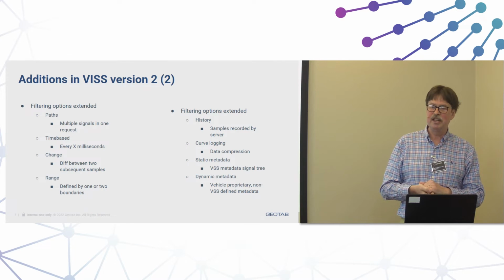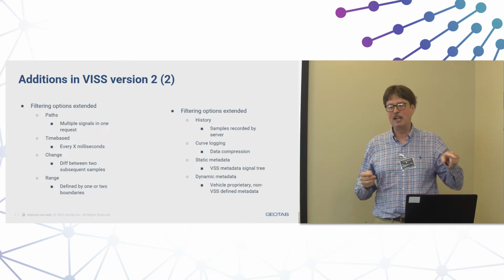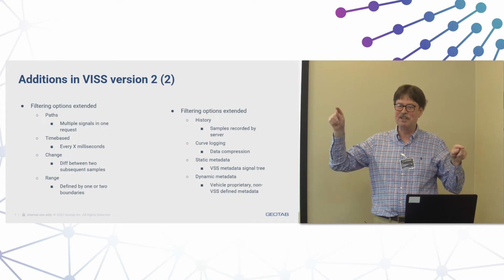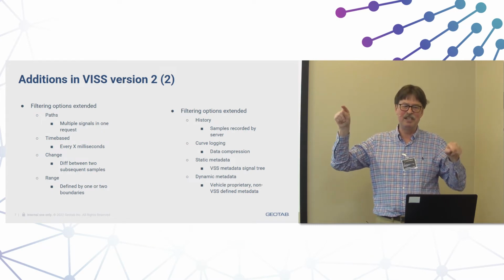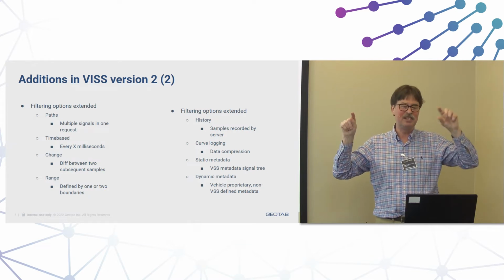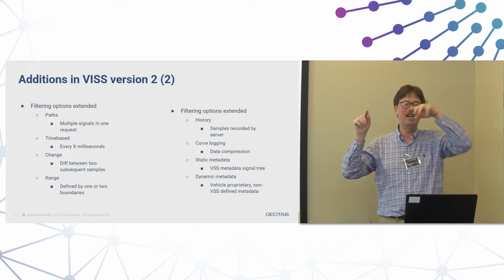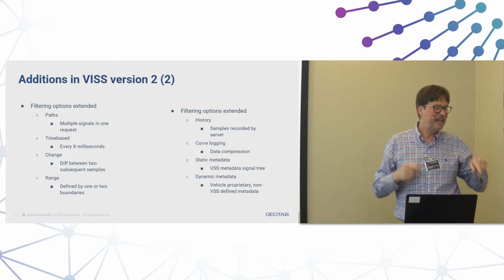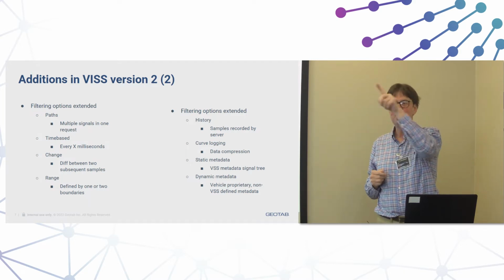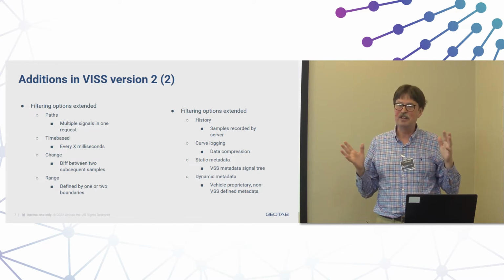You can say that I only want values where I try to have a straight line between first and last value, and if the difference at any of the real samples is too large, I change the curve and point to that, and then I can get as few data points as possible that together have a smaller error than something that you have defined.